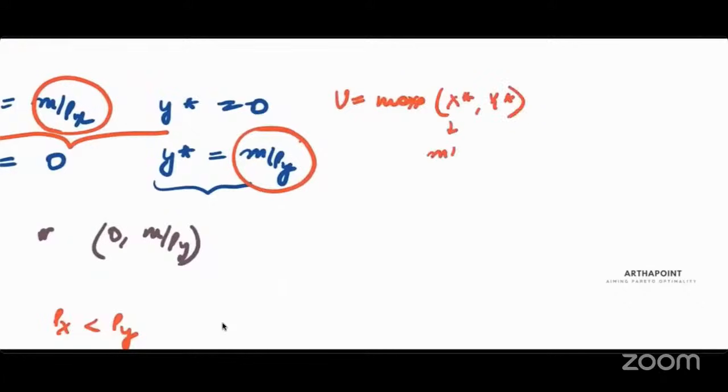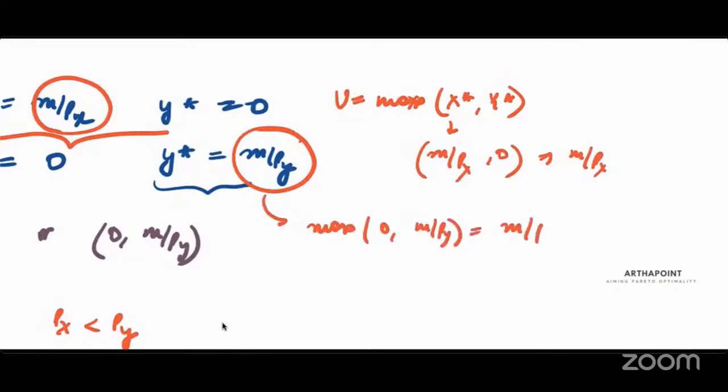X star is M by Px, Y star is 0. So its max is simply M by Px. Here, max of 0 comma M by Py is simply M by Py. So your utility that you're getting is simply M by Px or M by Py.